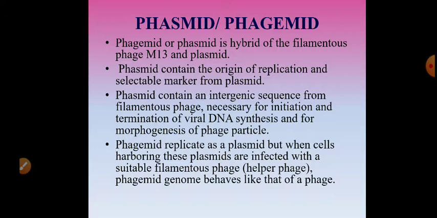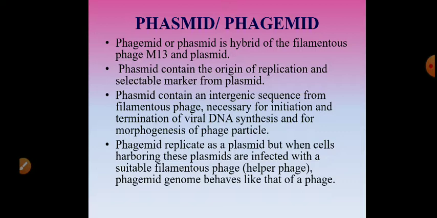Now a phasemid or a phagemid replicates as a plasmid. When a phasemid or a phagemid is inserted inside a host cell, it will replicate as if it is a plasmid because it contains origin of replication and marker genes of a plasmid. But when the cells harboring these phagemids are infected with a suitable filamentous phage, the phagemid genome behaves like that of a phage.